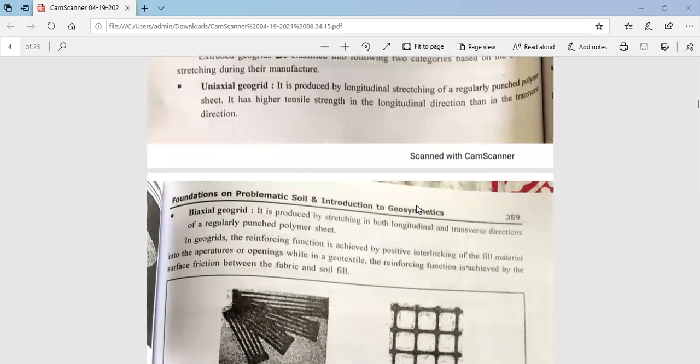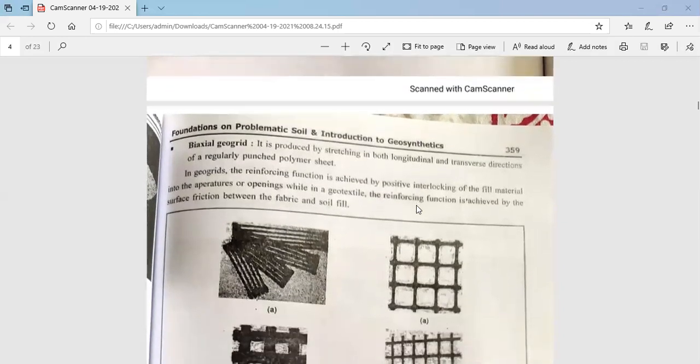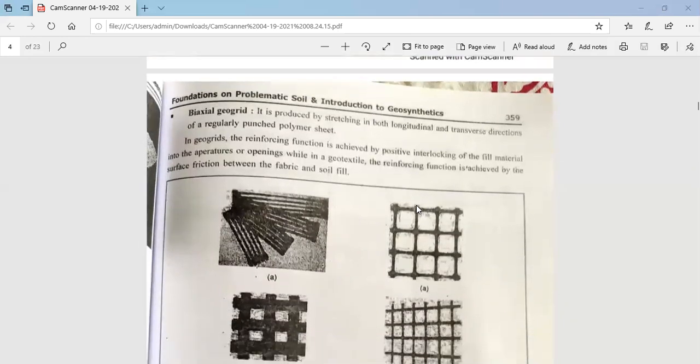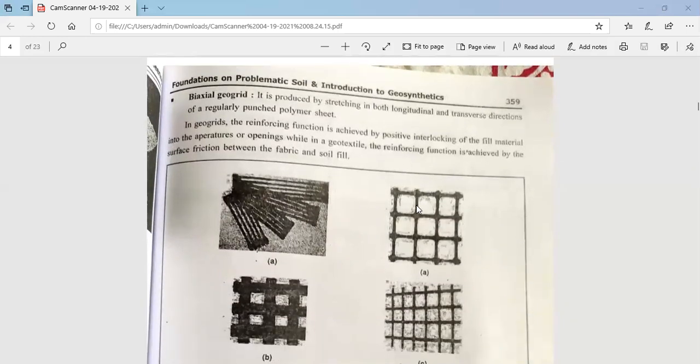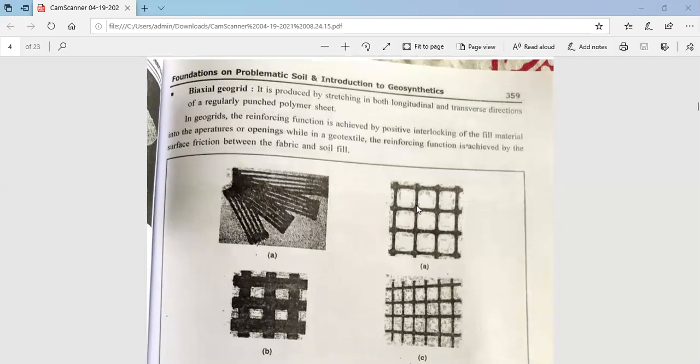So in geogrids, the reinforcing function is achieved by positive interlocking of the fill materials into the apertures or openings, while in a geotextile, the reinforcing function is achieved by the surface friction between the fabric and the soil.